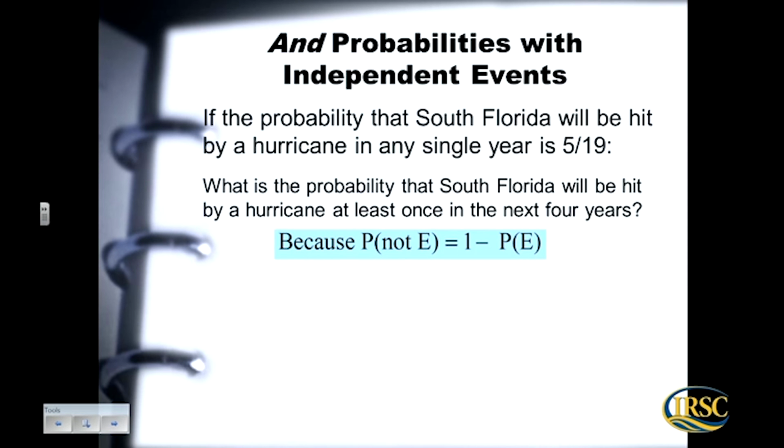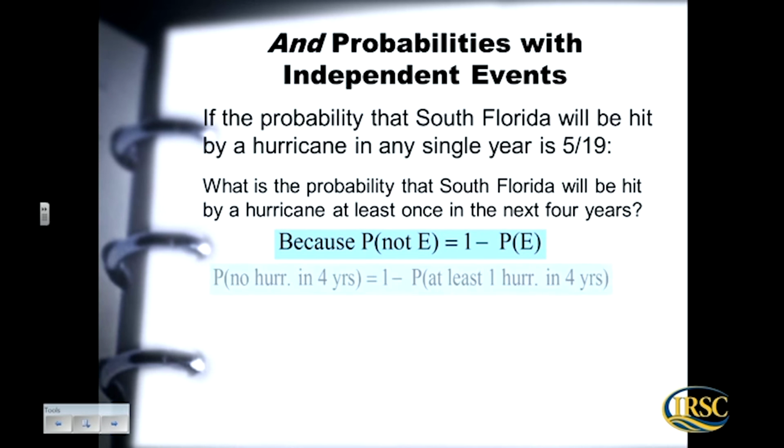Okay, so if you guys remember negations, the negation of some are was none are. So it went from some to none, if you remember that. Well, negations are sort of like opposites. The opposite of at least one is really none.